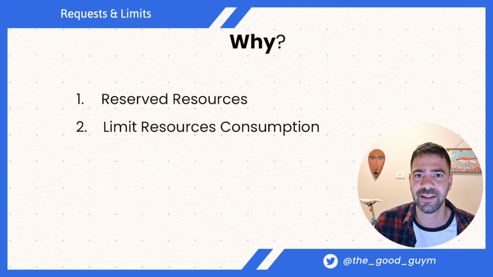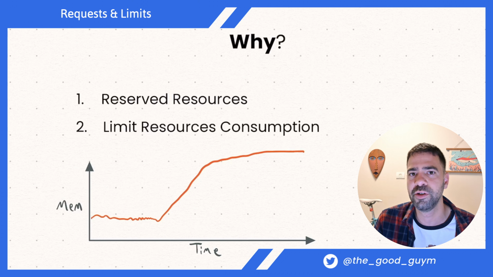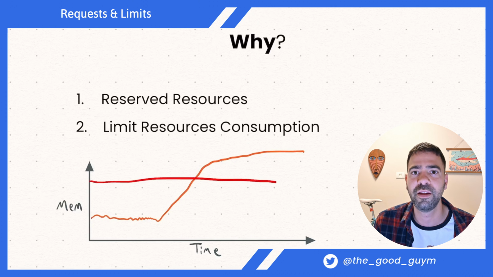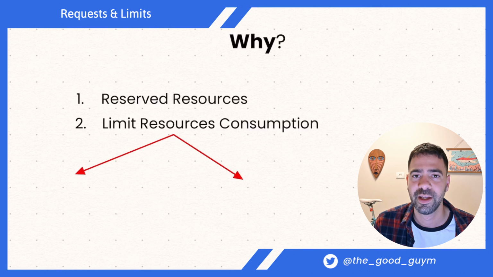The second thing is about the limit and how many resources we can consume at maximum. We don't want our application to go crazy and consume all the CPU and all the memory within the node it runs on. Why? First of all, it means that our application does not operate well.